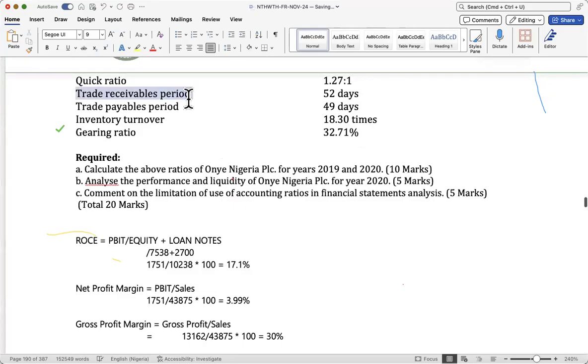Okay, the next one is trade receivables period.